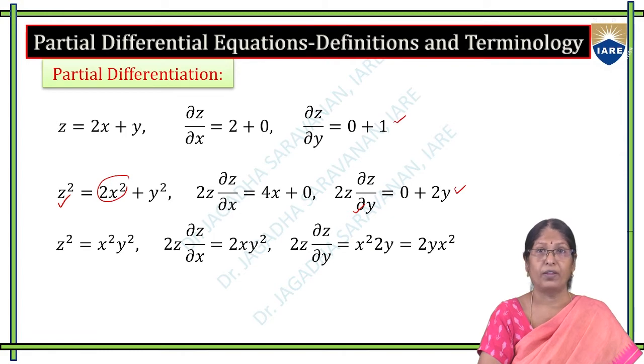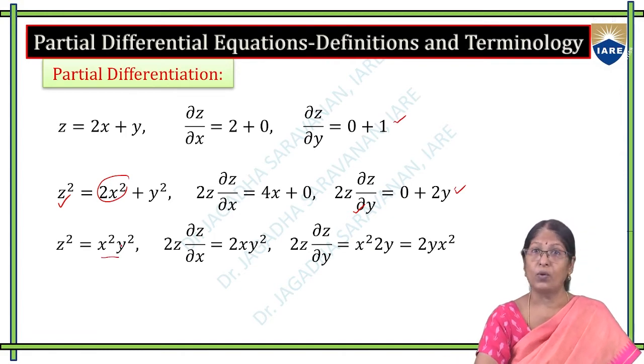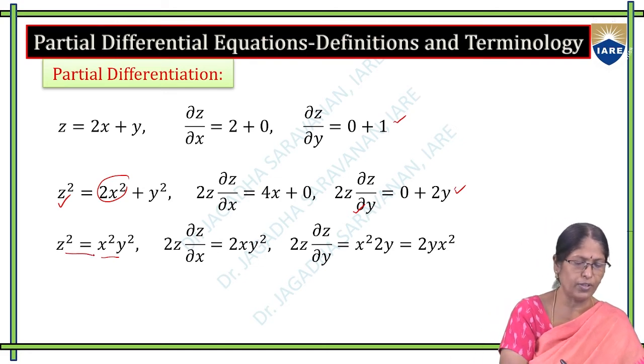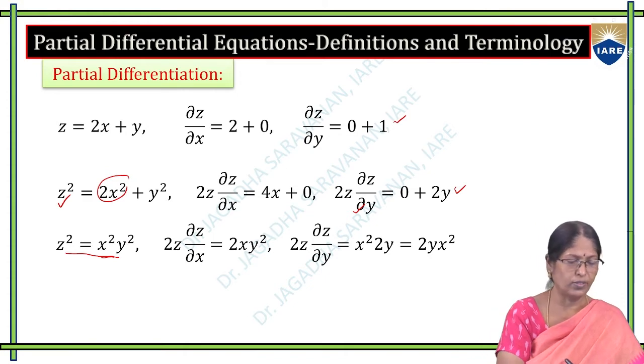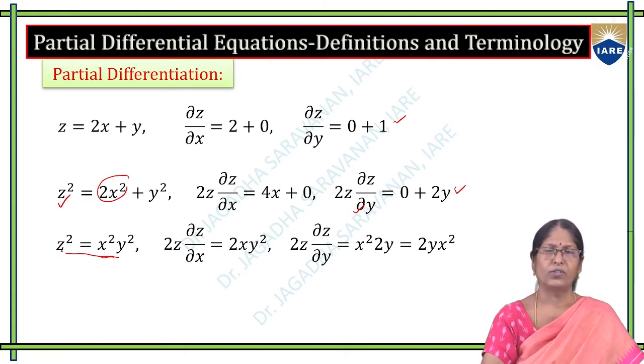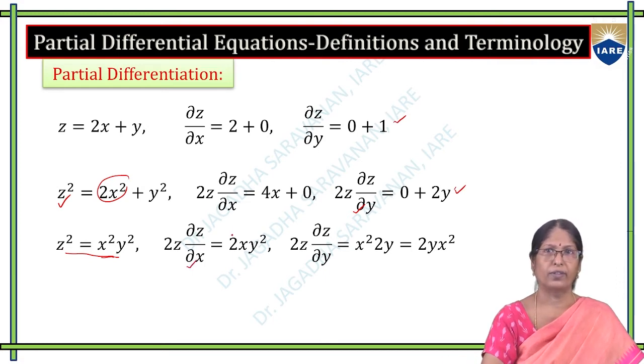Now, the next one, our independent variables x and y under the operation of multiplication, z square equals x square y square. Now, this we will do partially with respect to x. So, z square, the differentiation is 2z dou z by dou x.